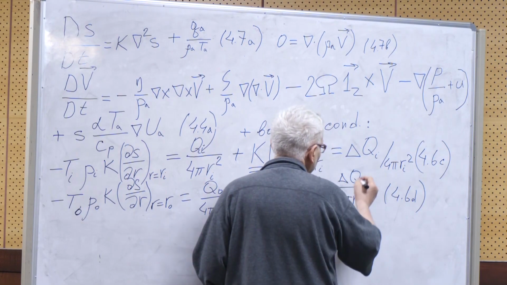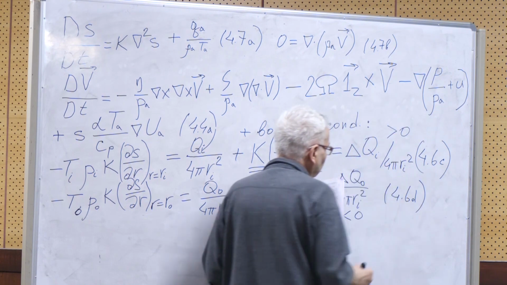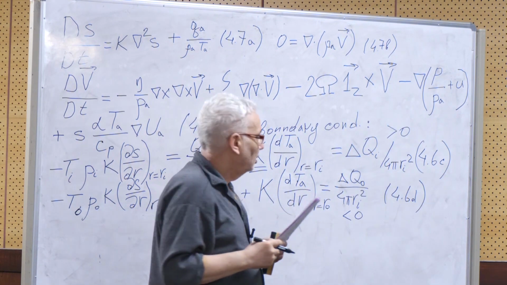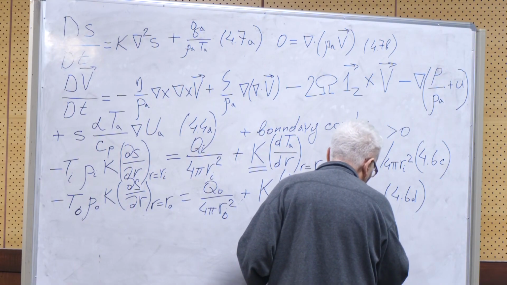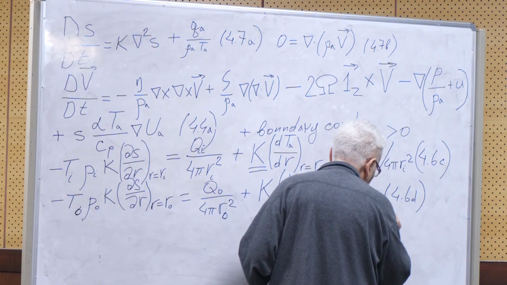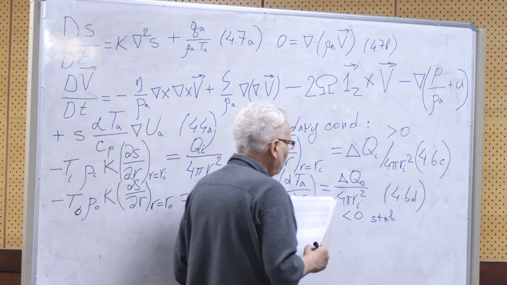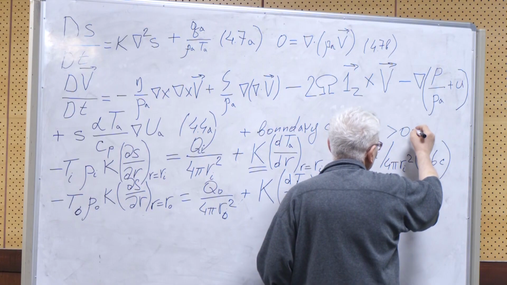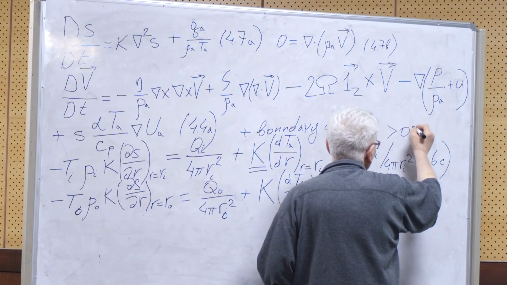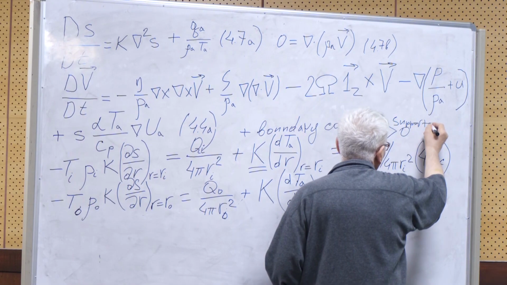Perhaps this is smaller than 0, and this one is definitely more than 0. When it's smaller than 0, it stabilizes the convection, it actually removes it. And here it's of course in favor of the convection, in support of convection.